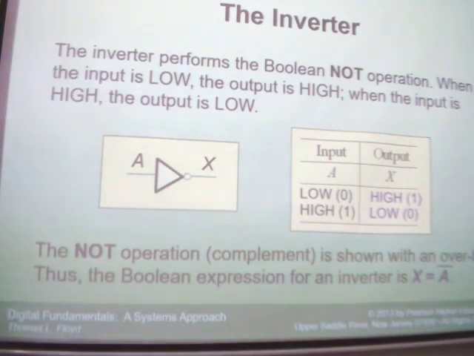So it is very easy to understand. The NOT operation is shown with an overbar. Thus, the Boolean expression for an inverter is X equals A bar.